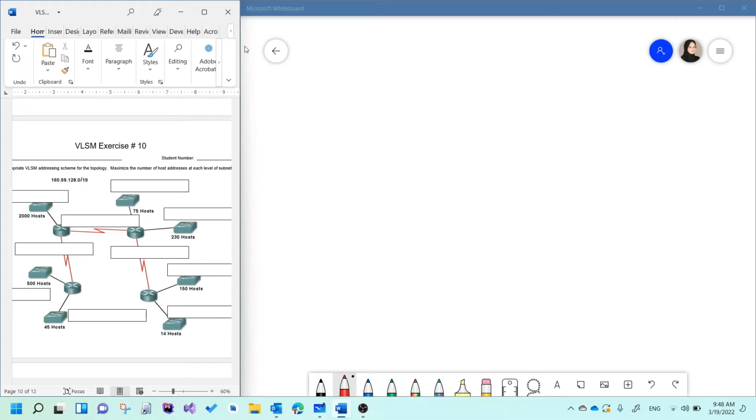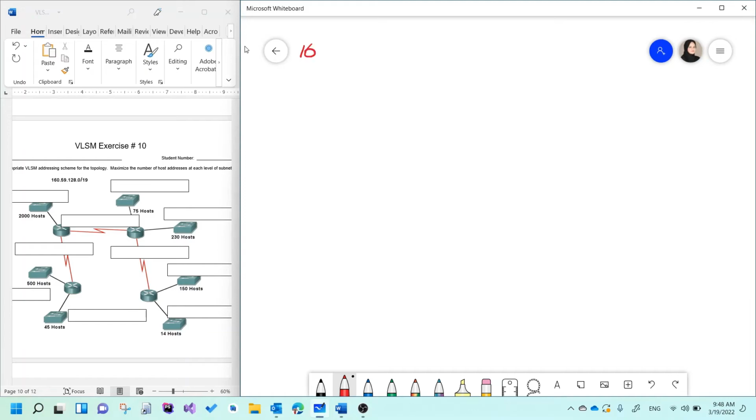The first thing you would do is write 160.59.128.0 and then slash 19. That is the address given to you in the question. Then you will start writing the hosts that are required in descending order.